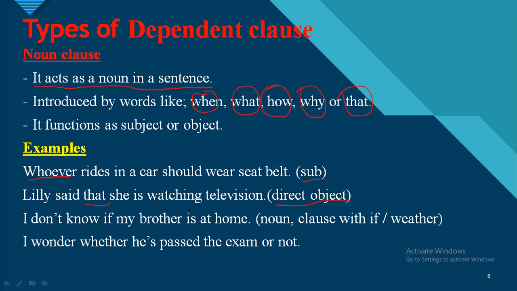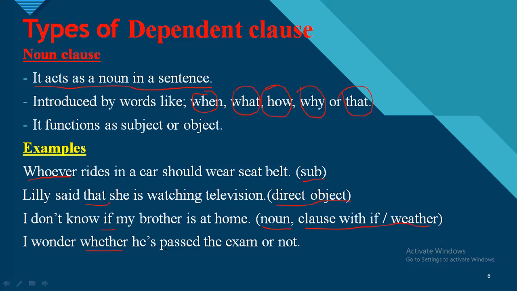"I don't know if my mother is at home." This is a sentence with an if or whether clause. We can know that a noun clause comes with an if and whether clause also. "I wonder whether he has passed the exam or not." This is also an example of the if and whether clause.